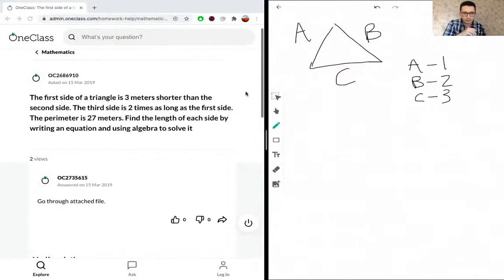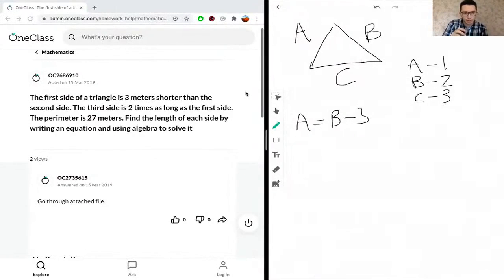Okay, and the statement is saying that the first side of the triangle is 3 meters shorter than the second side. So we can write out the equation A equals B minus 3. Let's just double check that.